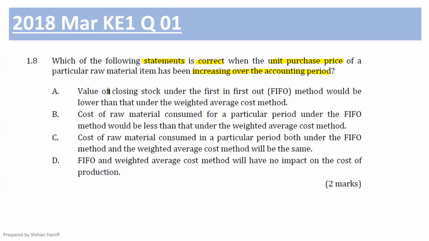The second one is the cost of raw material consumed, the cost of sales under first in first out method would be lower. Just tell me the answer. Right or wrong, any answer is okay.